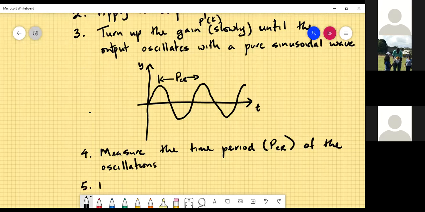Five, note the gain K on the controller.